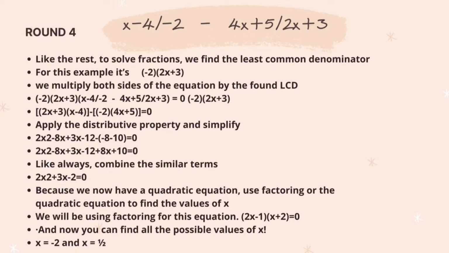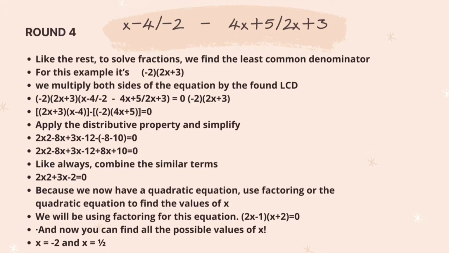Apply the distributive property and simplify. 2x squared minus 8x plus 3x minus 12 plus 8x plus 10 equals 0.